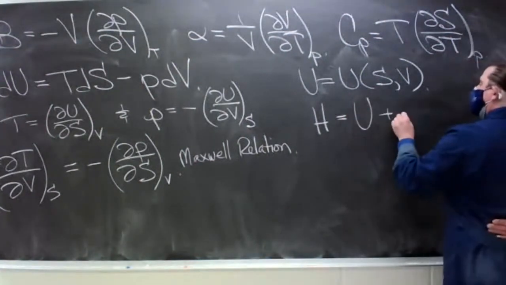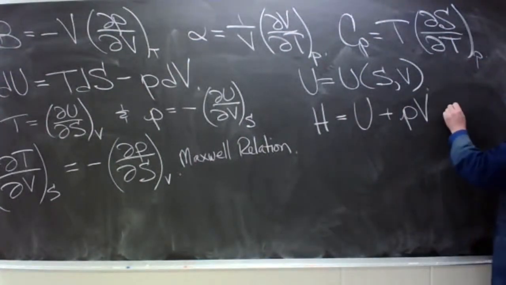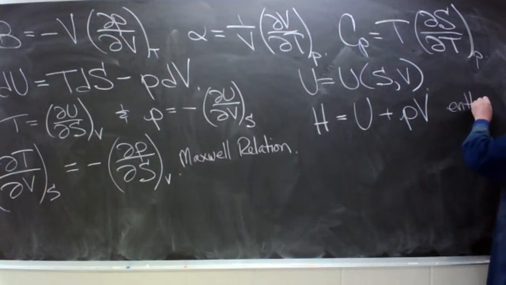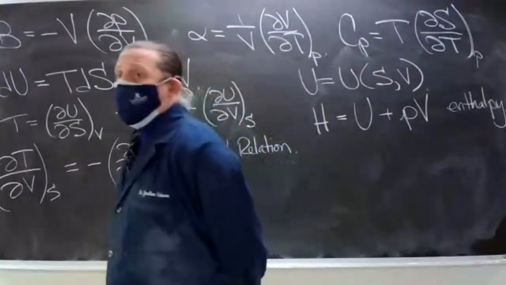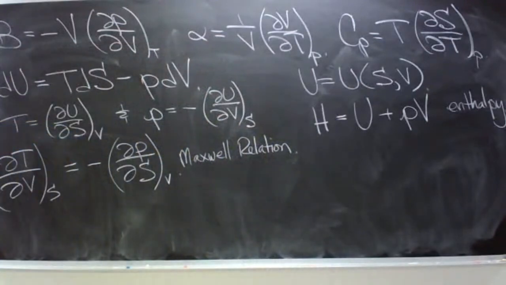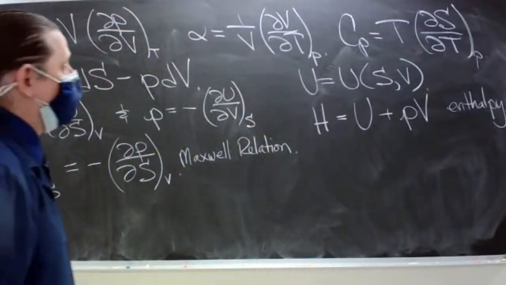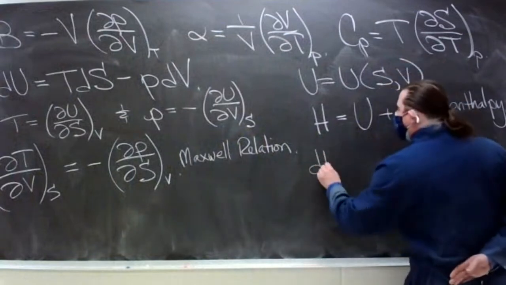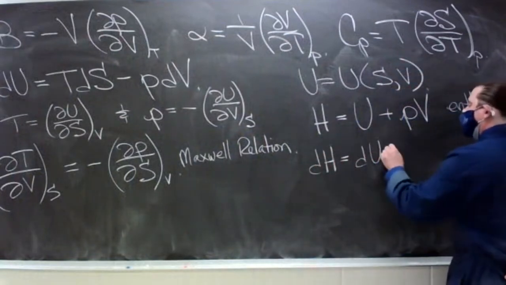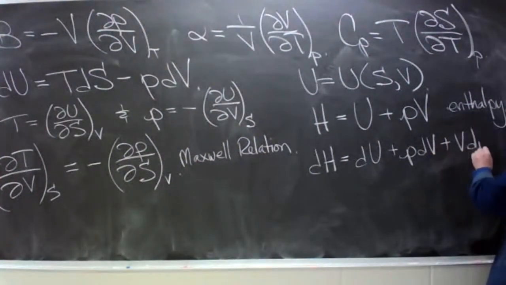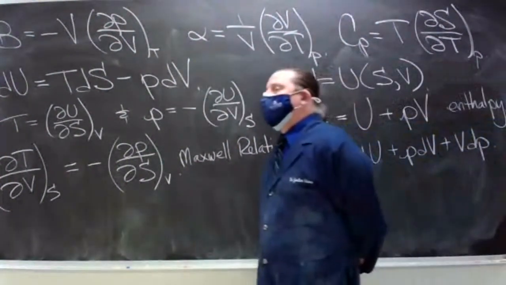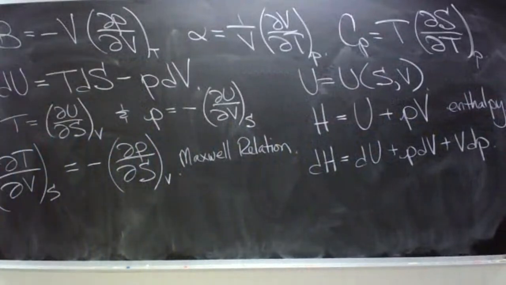introducing the enthalpy, which you may have learned about in your chemistry classes. If we take d enthalpy, we would get d internal energy plus P dV plus V dP.